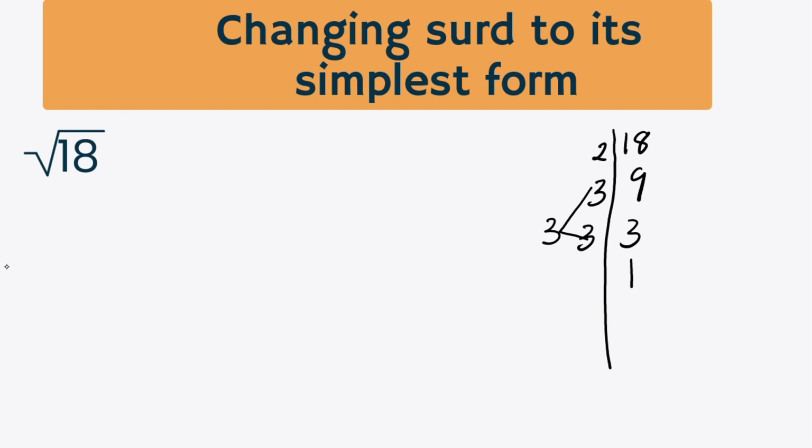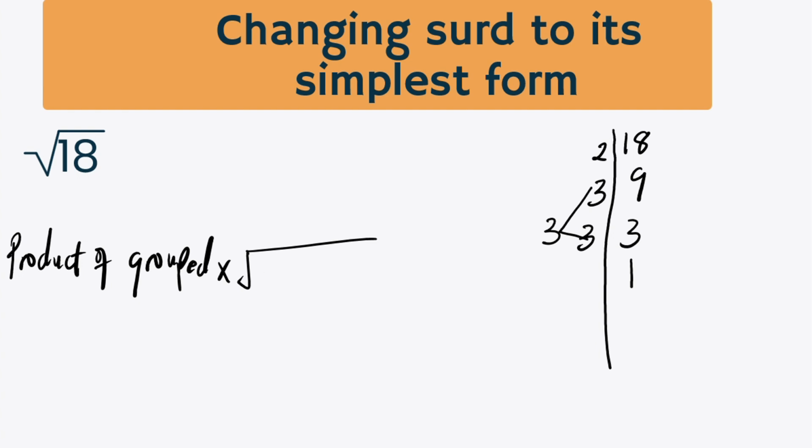Now my final answer will be the product of grouped times the square root of the product of ungrouped. Now there is no need for the product because for the product of grouped, the only grouped we have here is 3.